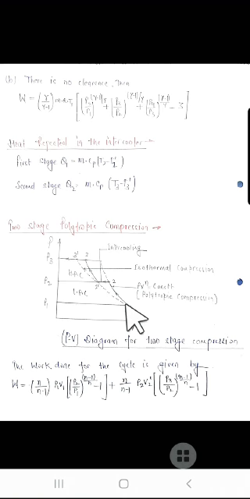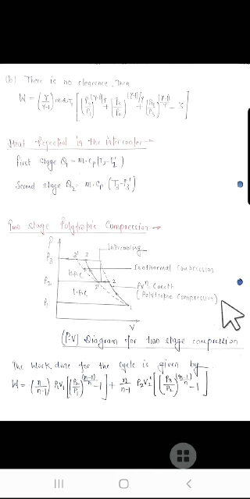If the compression occurs isothermally, then the isothermal compression follows the curve 1 3 dash, and if compression occurs in two stages, then it will follow the curve 1 2 2 dash 3. Again, this portion of work is minimized in two-stage compression.